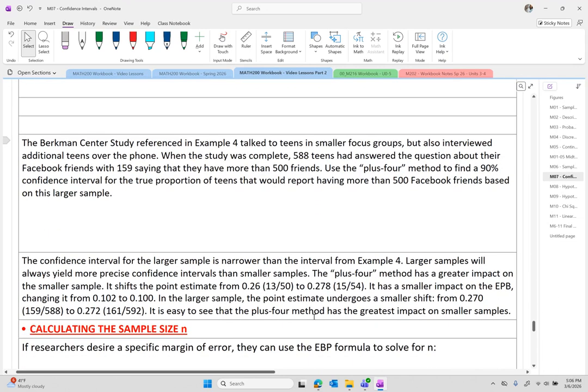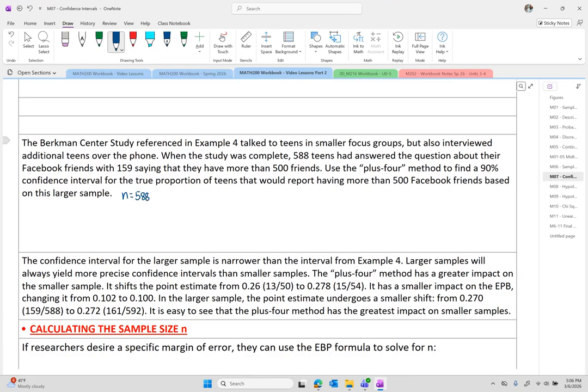The Berkman Center study referenced above, so the same study, talked to teens in smaller focus groups but also interviewed additional teens over the phone. When the study was complete, we now had an N equal to 588, and of those 159 said that they had more than 500 friends.